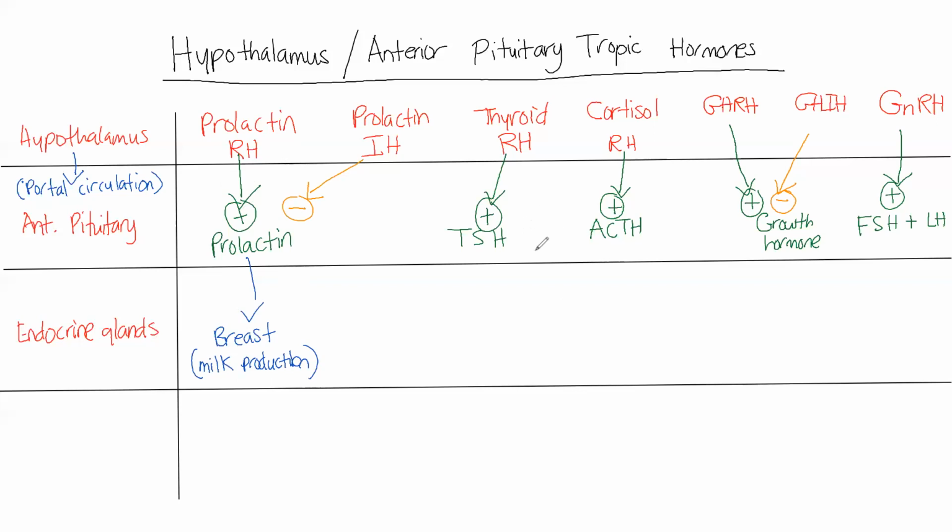We've got thyroid stimulating hormone, or TSH, that is going to stimulate the thyroid gland. And that's going to allow the thyroid gland to produce T3 and T4. So T3, T4 production. I should have probably written this down here. So this should have been milk production down here.